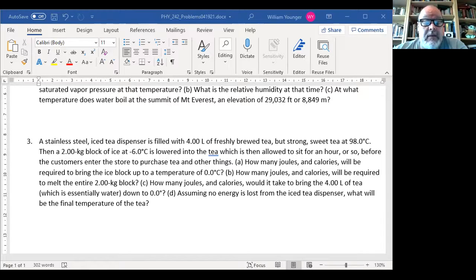And that's about it. So what we're going to do is calculate how much heat is required to bring the block of ice up to a temperature of 0 degrees Celsius, and how much energy it's going to take to melt it. So A, ice to 0.